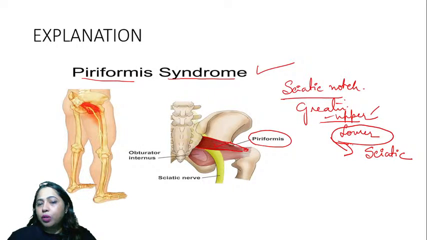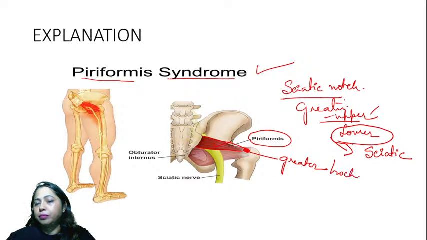See where the piriformis is attached. It is attached to the greater trochanter. This is the greater trochanter. So piriformis is one of the lateral rotators.